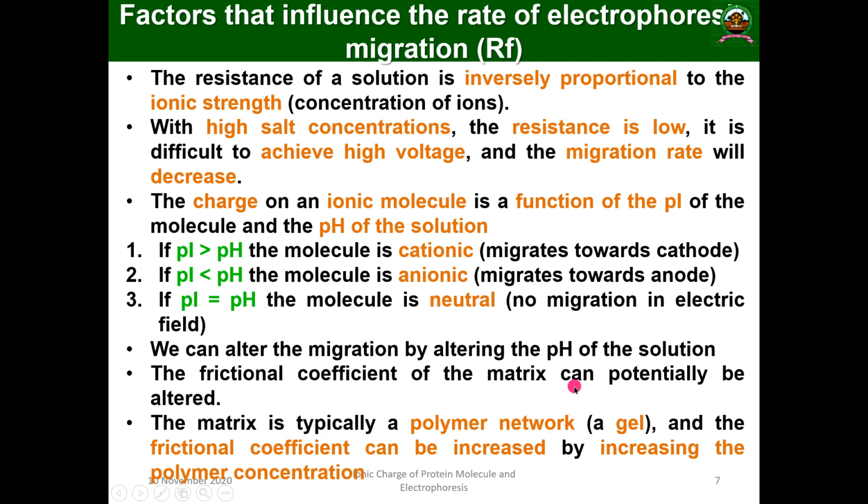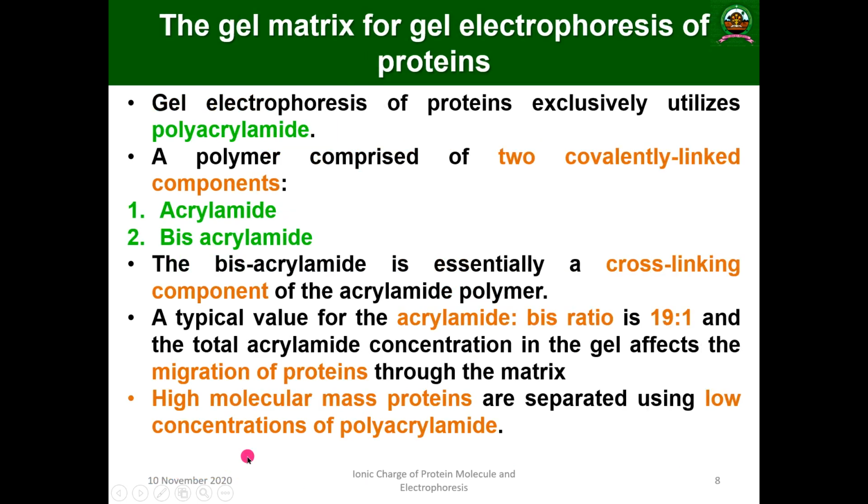It is a polymer network, and the frictional coefficient can be increased by increasing the concentration of the gel or polymer. The gel commonly used in electrophoresis of proteins is polyacrylamide. So this is the gel matrix we use for gel electrophoresis, for the separation of proteins.